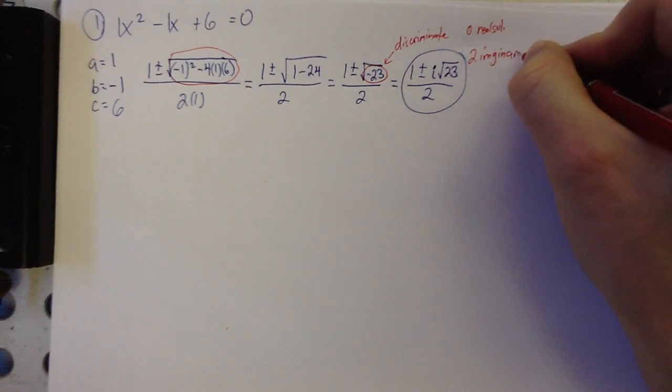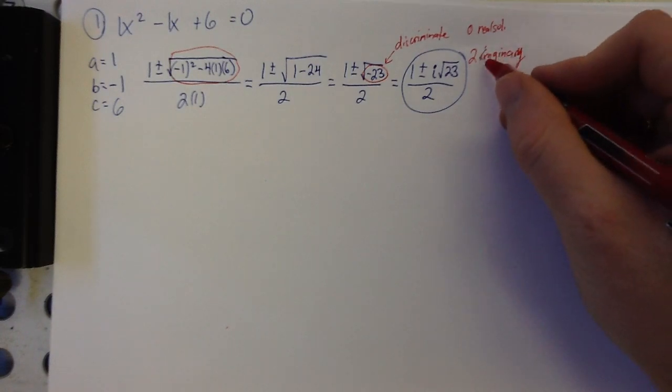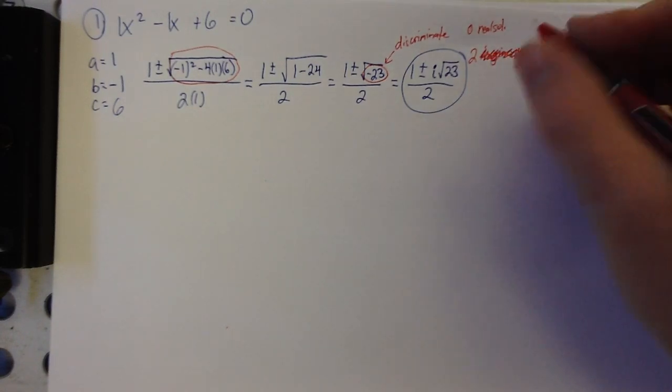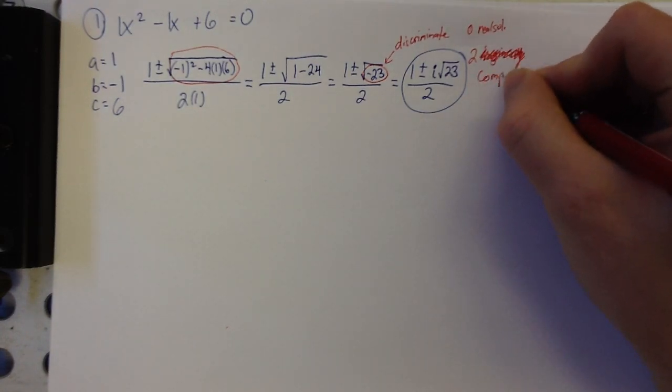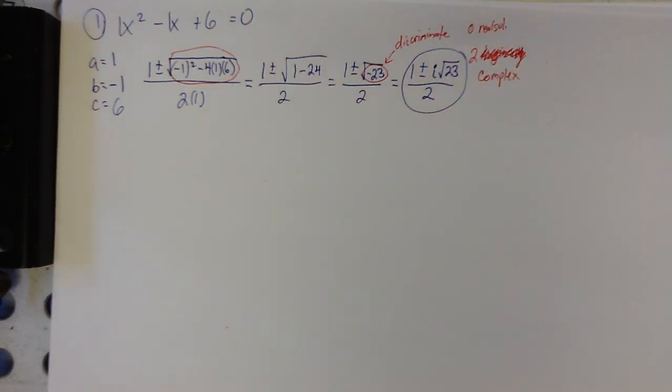Well, in any case, if it's not real, it's going to be imaginary. Or probably ought to say it this way, to be technically correct, complex. Remember, a complex number is a combination of real and imaginary parts. So most imaginary numbers are technically complex. They have a real component also. So hopefully not too bad.